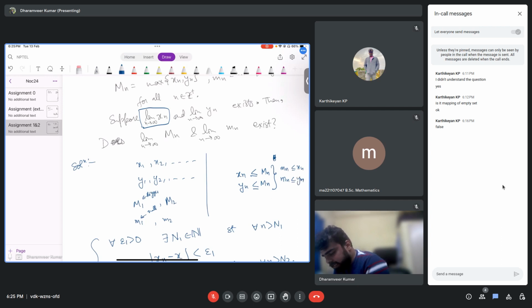Let's say x1 is bigger, so capital M1 will be equal to... we can always write less than or equal to, and same goes over here. One of them is an equality, one of them is a strict inequality, or maybe equality as well when both xk and yk are the same. So we can always write this. This is something that we have.